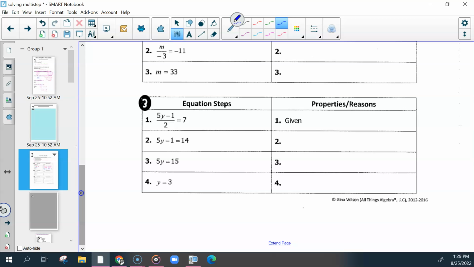What did we multiply? So this entire thing was being divided by 2. To get rid of that, we would have multiplied both sides by 2. These 2s would have canceled to become 1, which is why we end up with 14 on the other side.